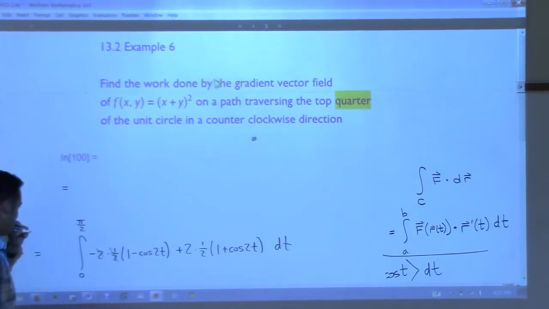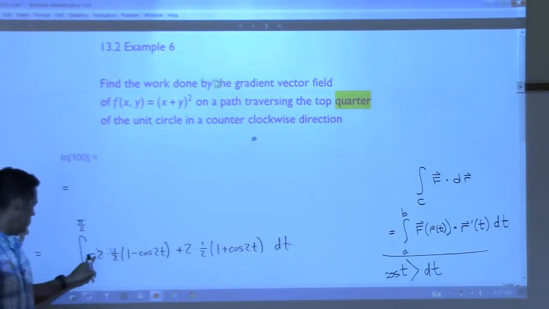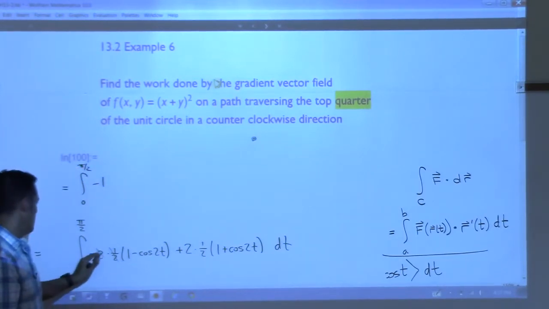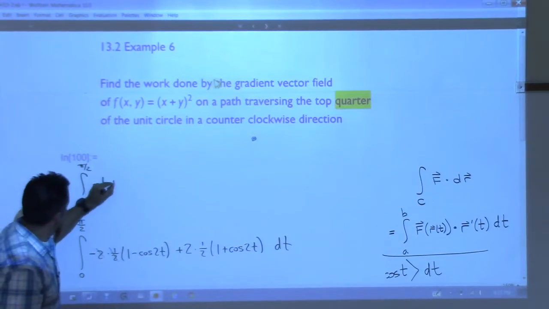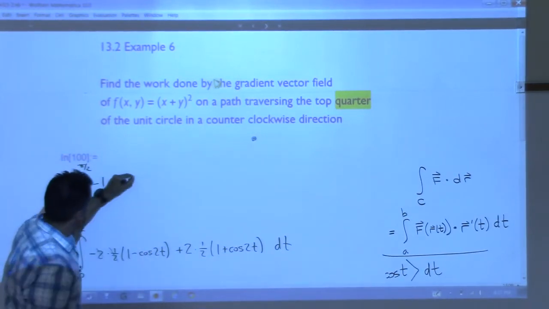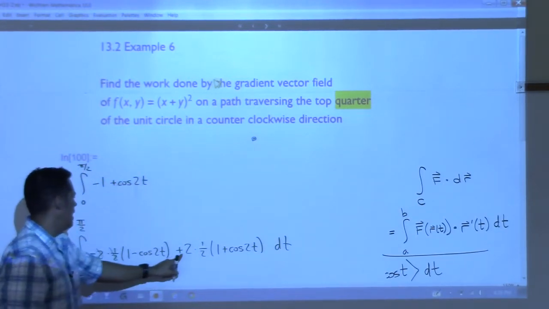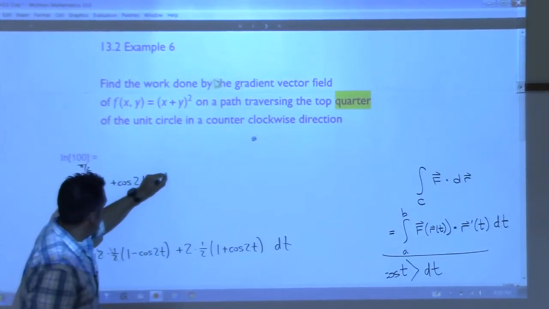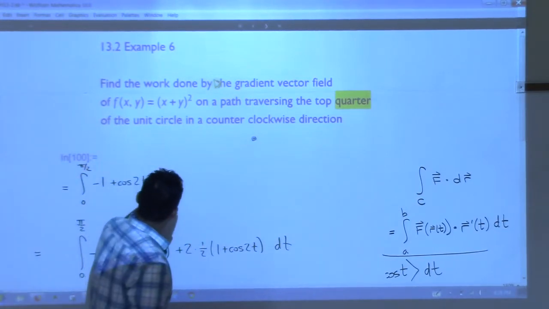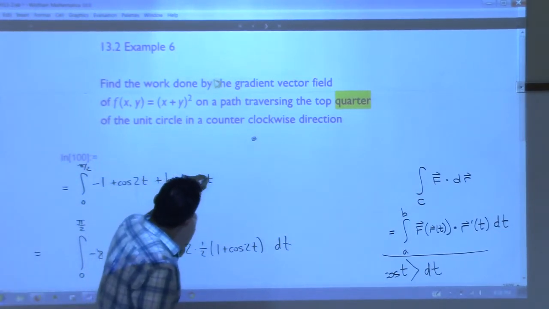So equals, okay, I still have a negative 1 plus cosine 2t. And then I have positive 1, that's nice, plus 1, and then cosine 2t dt.